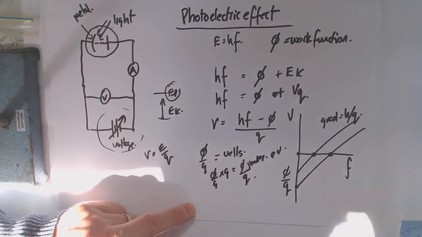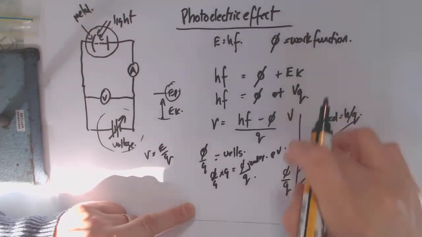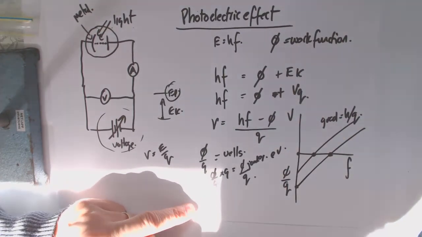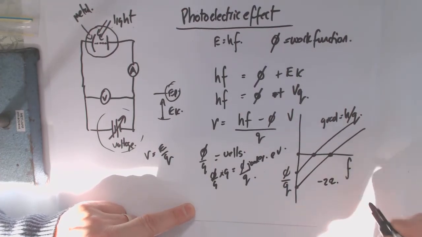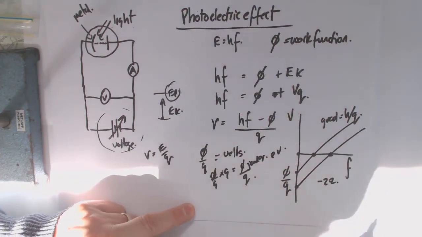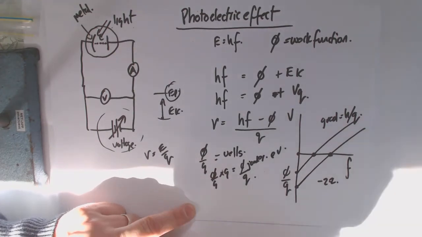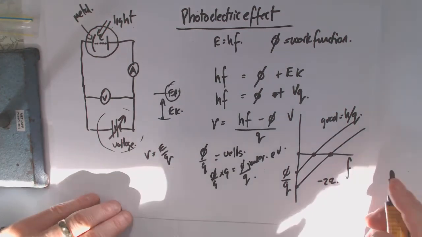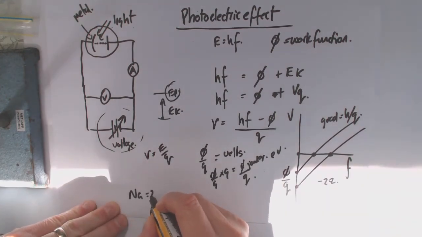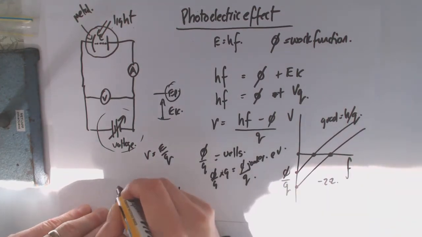So what we find with that is that although this voltage reading over here is a voltage reading, if it's down here at minus 2.2, then just from that little calculation we've done, that's the work function for that metal in electron volts. So typical numbers are sodium equals 2.28 electron volts. These are work functions.